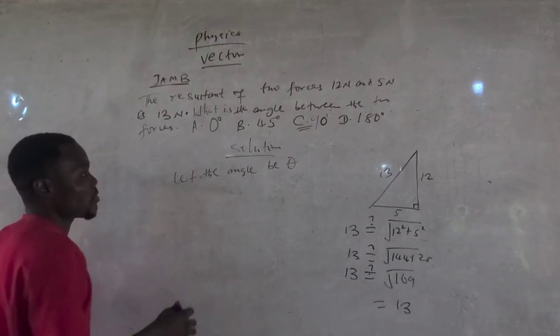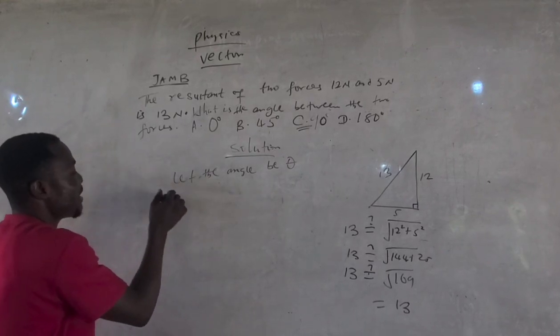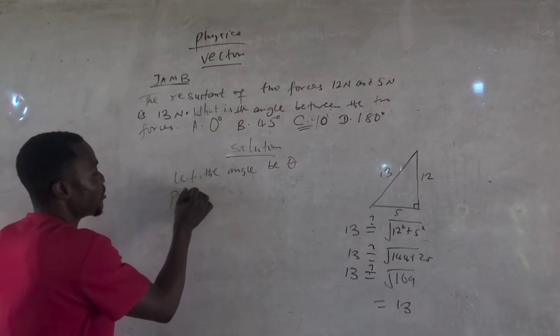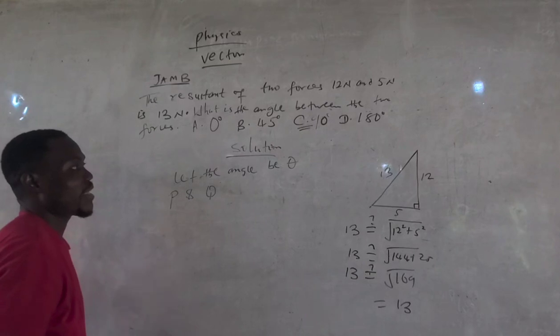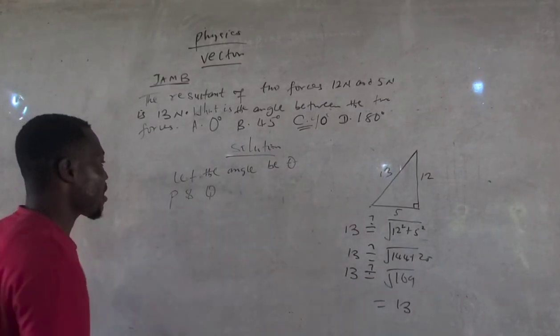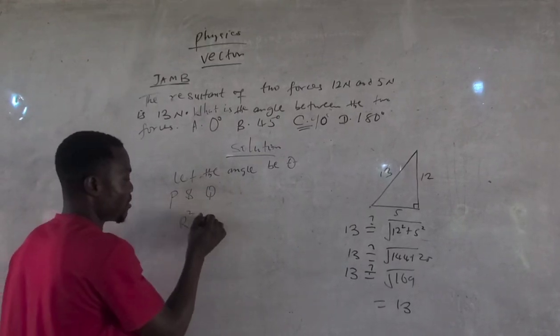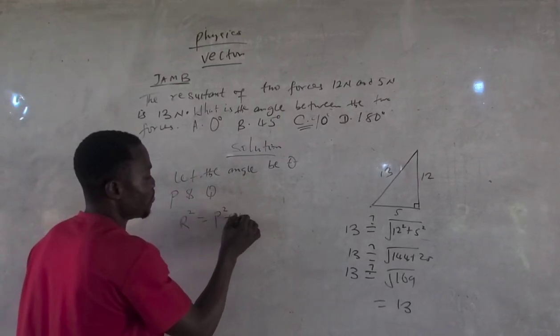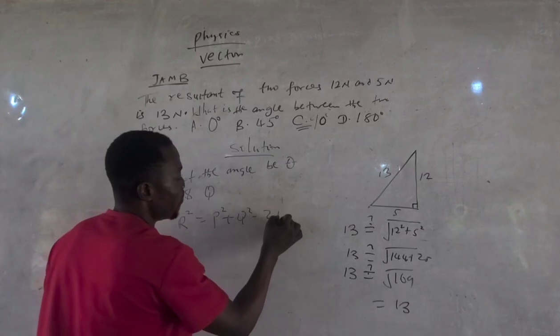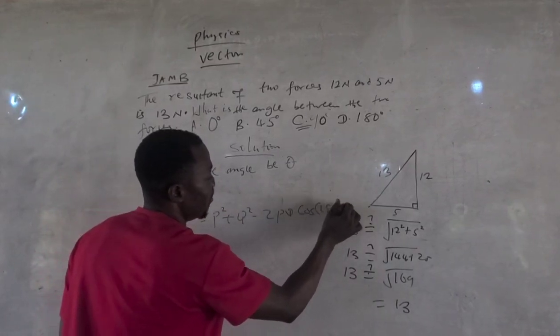If we have two vectors, P and Q, inclined at an angle of theta to each other, we can find their resultant R by using the formula R squared equals P squared plus Q squared minus 2PQ cos of 180 minus theta.